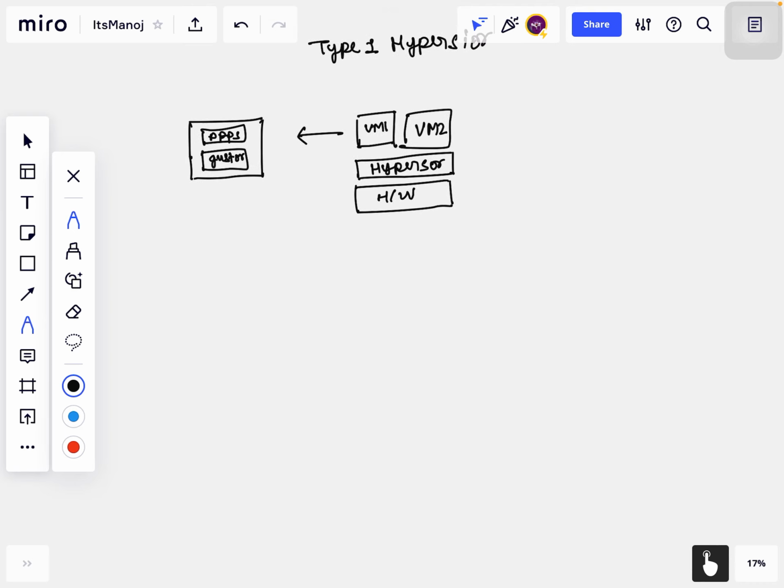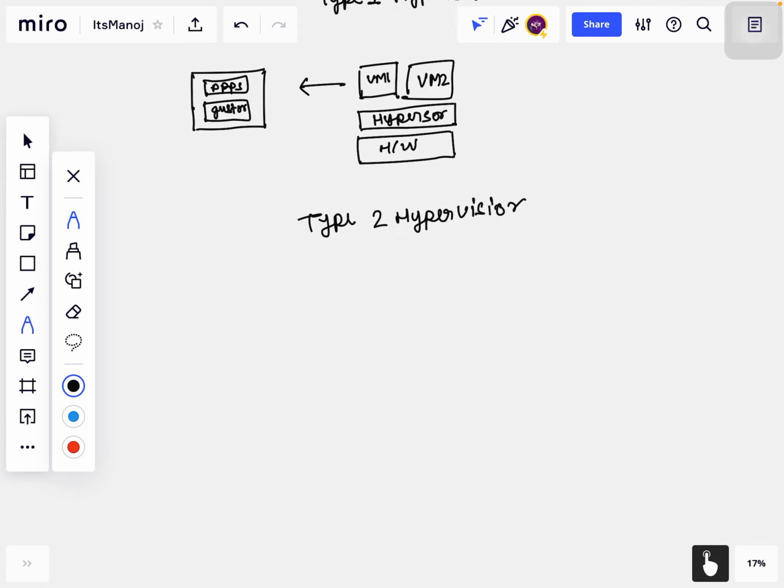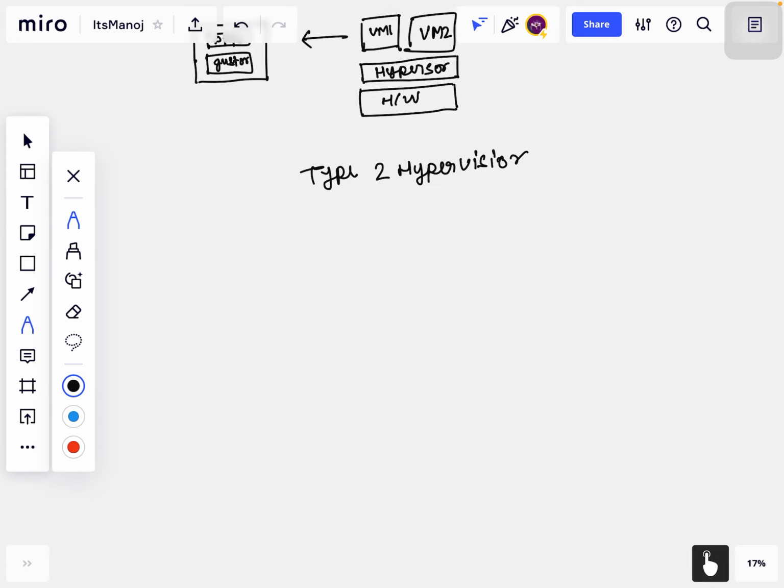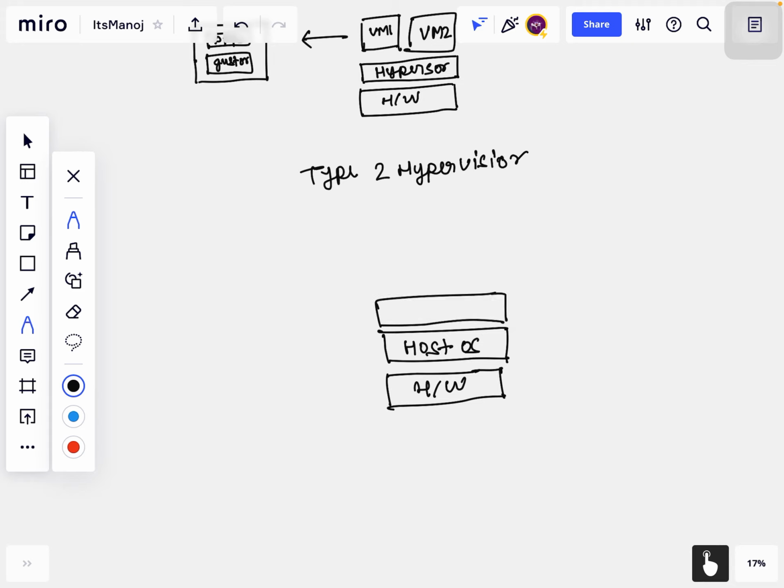Now what is a type 2 hypervisor? Sorry for my spelling, I know sometimes it is wrong, so just ignore that. This is our hardware component, and now we have our host OS. Over that we have our hypervisor, along with the system apps.